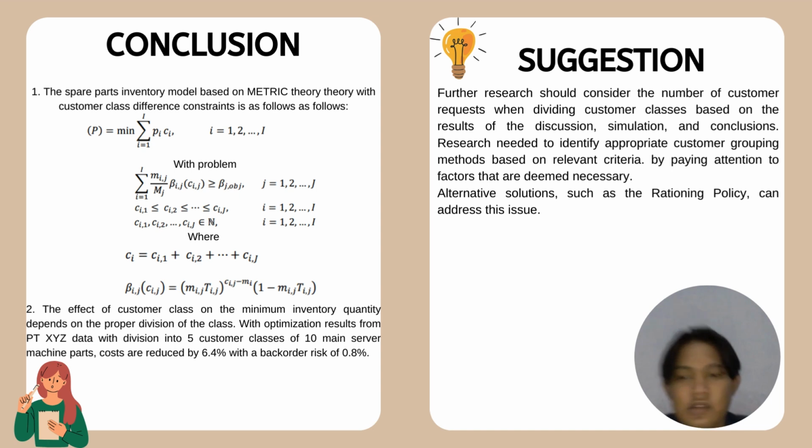And the second is that the effect of customer class on the minimum inventory quantity depends on the proper division of the class, with the optimization result from the PT XYZ data with the division into 5 customer classes of 10 main server machine parts. Costs are reduced by 6.4% with a backorder risk of 0.8%. So, last is suggestion.